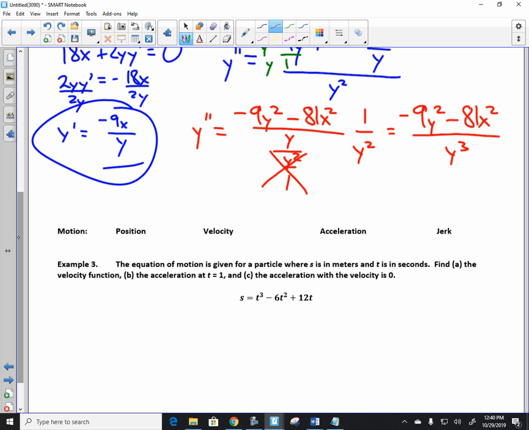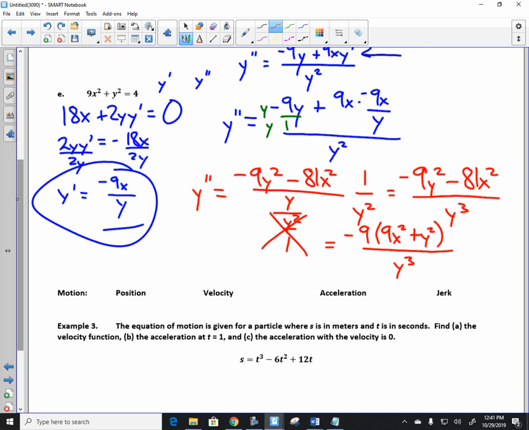So we've got -9 times, and then you'd end up with a positive 9x squared, and you'd end up with a positive y squared, correct? Over y cubed. Yeah, look at it. Connor and Riker see it. Good job.